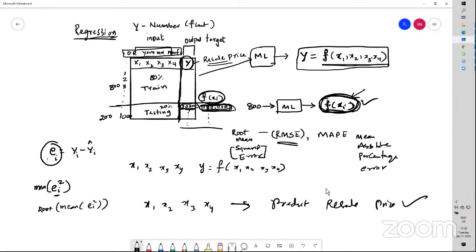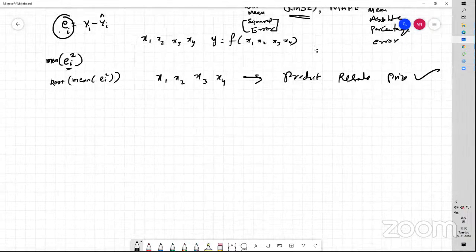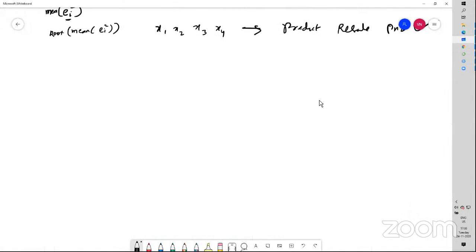Though we just represented it as a box, there has to be something happening inside that area, which we call the learning process. Now let's understand that learning process. Let's simplify it. If we take a complex problem, it would be difficult for us to understand what happens in the learning process.